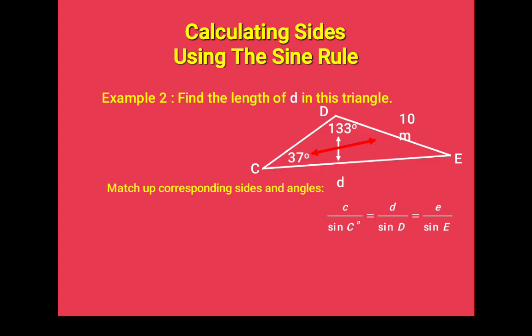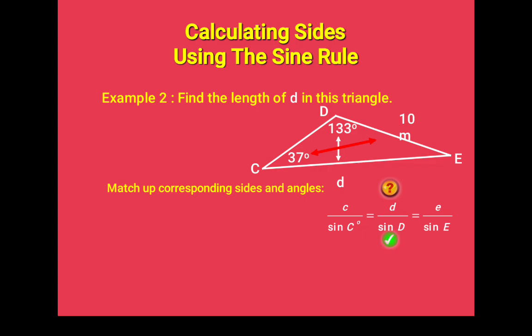So by the sine rule, the ratio of side c, which is given as 10 meters, to sine of angle C is equal to side d divided by sine of angle D. And it follows that this is equal to side e divided by sine of angle E. We don't know d, that's the one we are asked to work out.